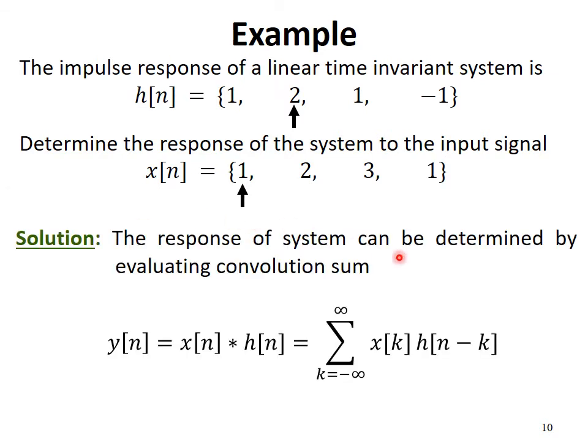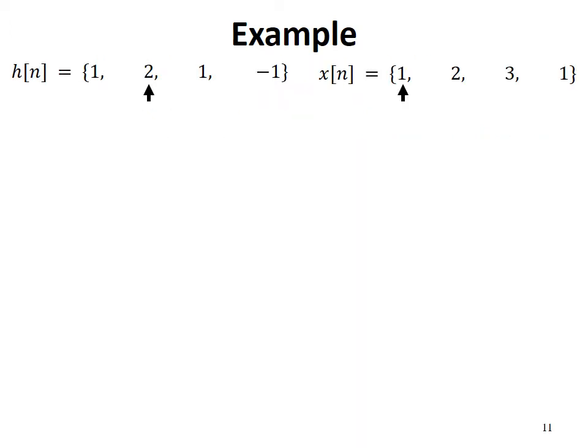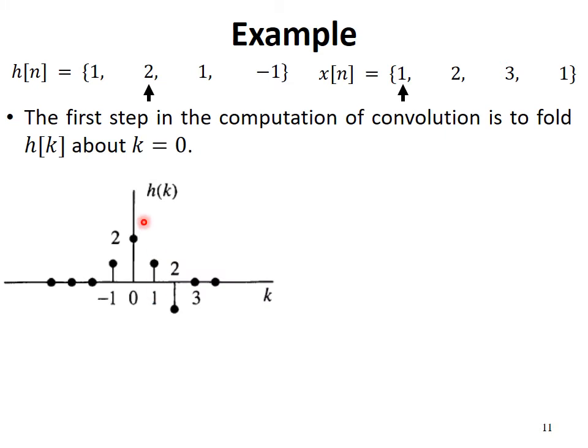So the response of the system can be determined using this equation, y of n equal to x of n asterisk h of n equal to this convolution sum. Now the first step is to fold h of n. So h of n, or we can call it h of k because of the formula.